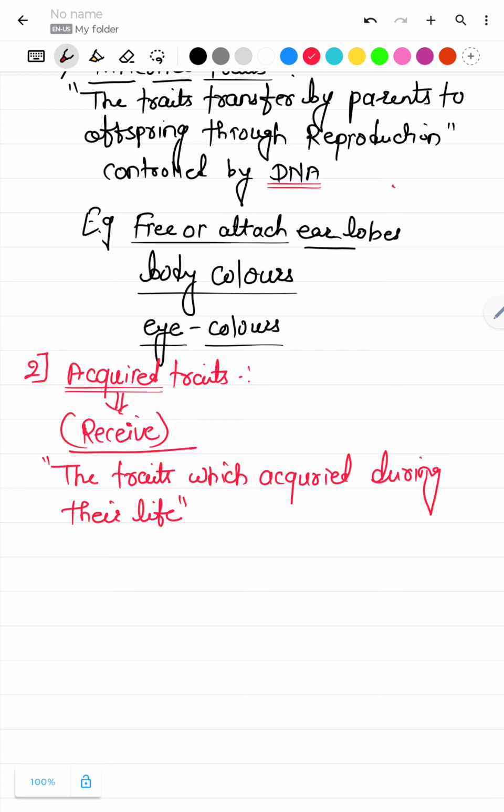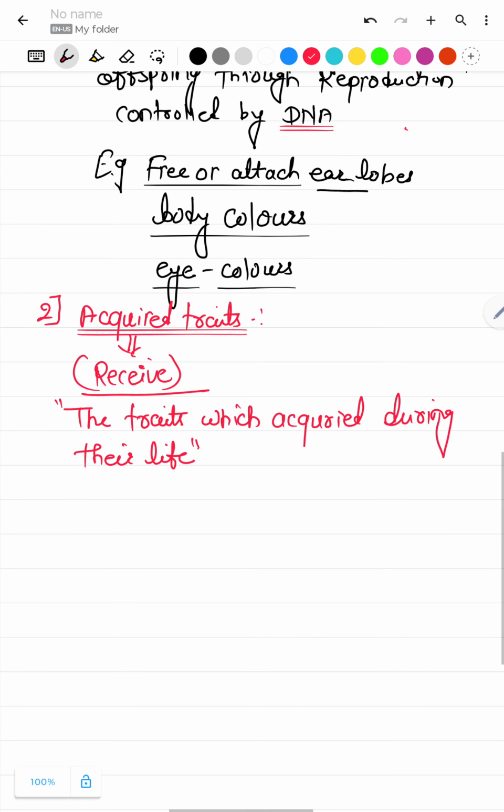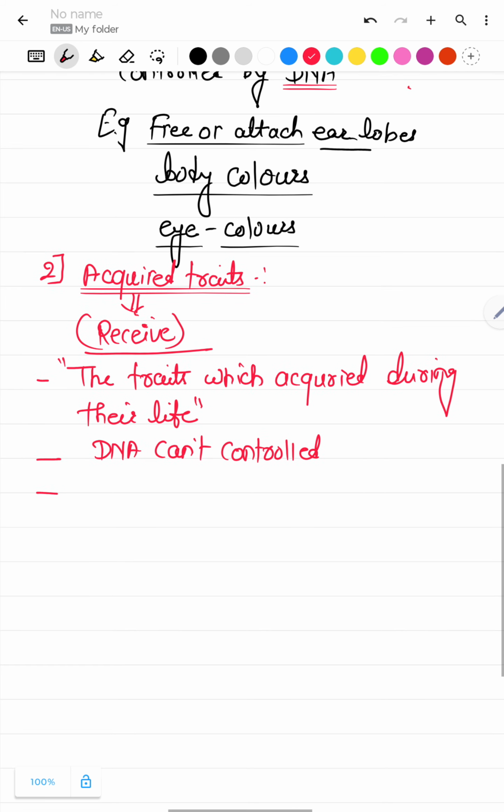So these are the acquired traits or acquired characteristics. Such a trait cannot be controlled by the DNA. DNA can't control this trait.